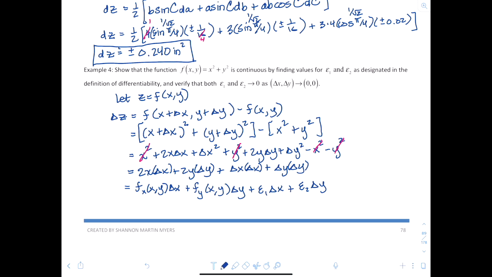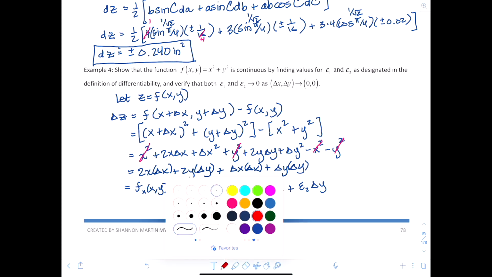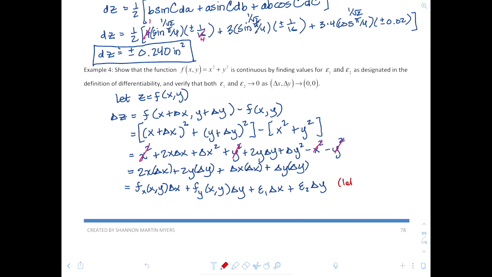So this is basically letting epsilon 1 equal delta x and epsilon 2 being delta y, right? But I want to match the formula, so I'm only doing it for part of the expression, right?